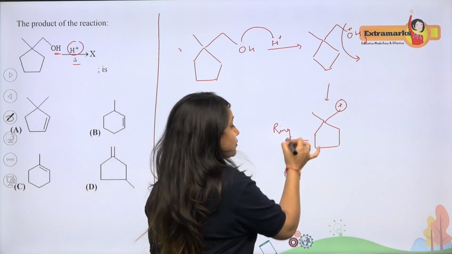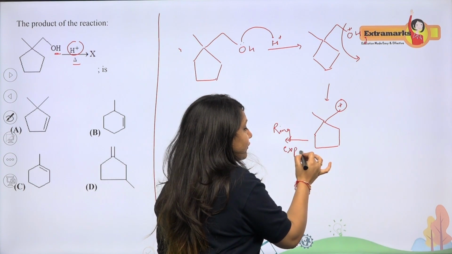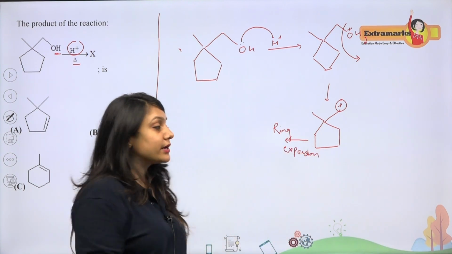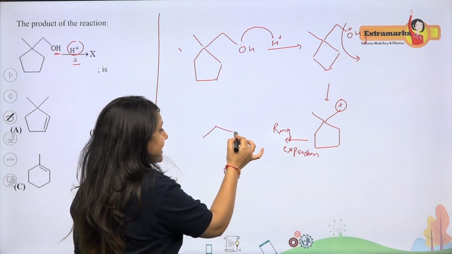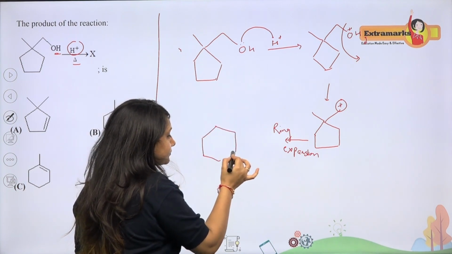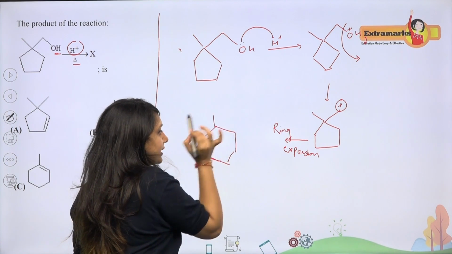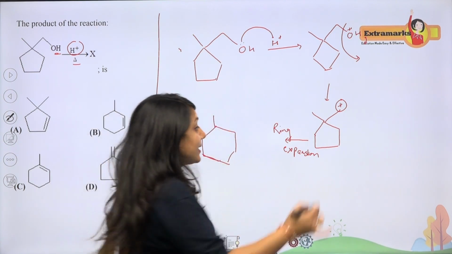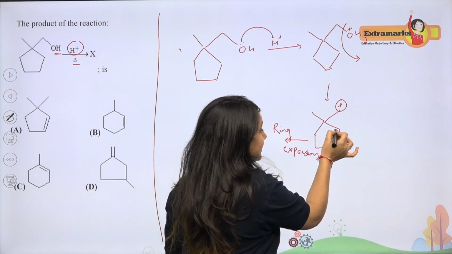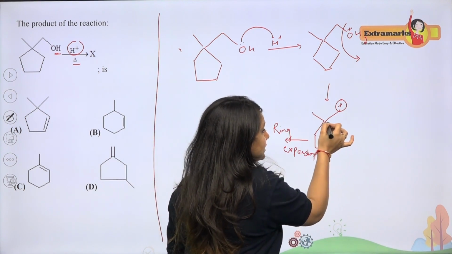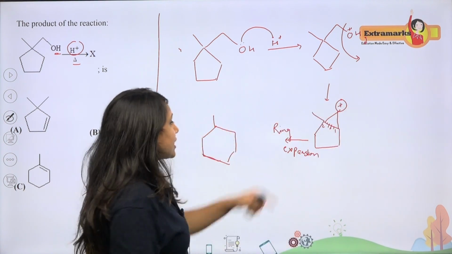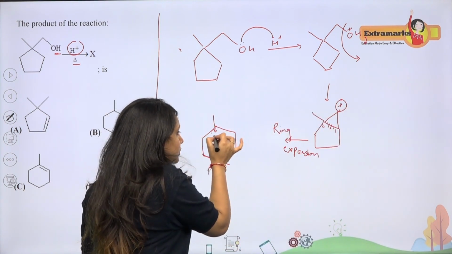This 5-membered ring has a chance to expand into a 6-membered ring, and this expansion looks exactly like this. Is it fine? Okay, so where is the positive charge going to come? As you can see, for example, if I take this as 1 and this as 2, this particular bond breaks and this goes here. So the positive charge is coming at this particular position.